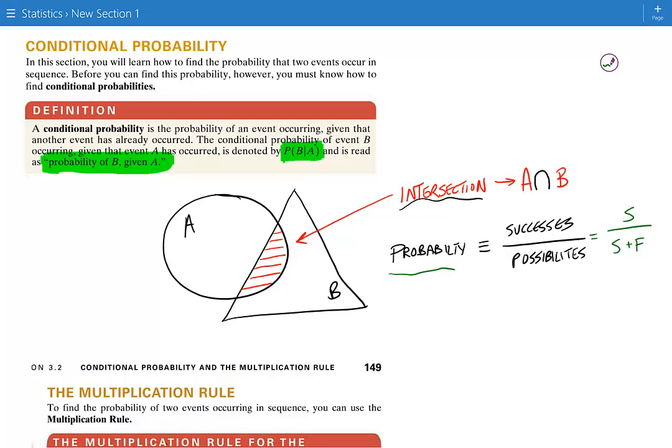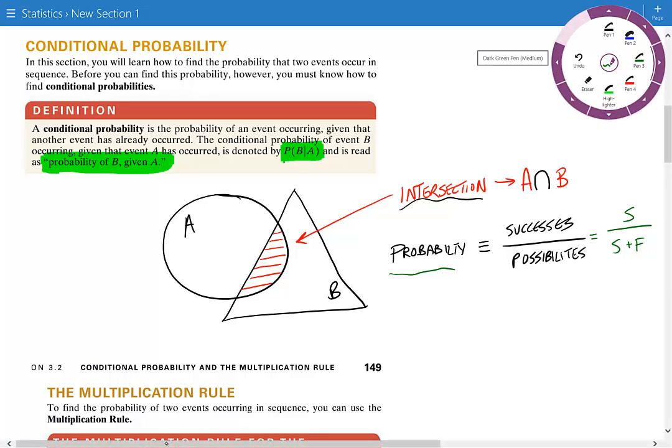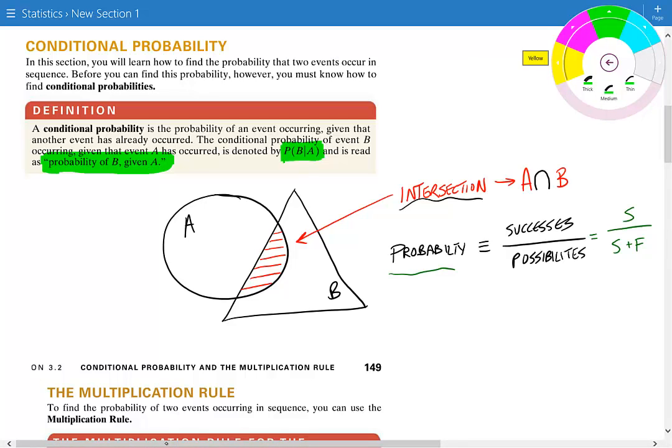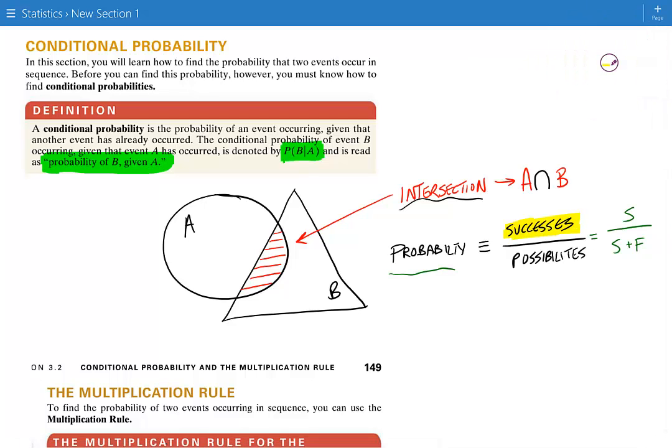So the probability of B given A. Well, in our case, the successes only happen in the intersection region.